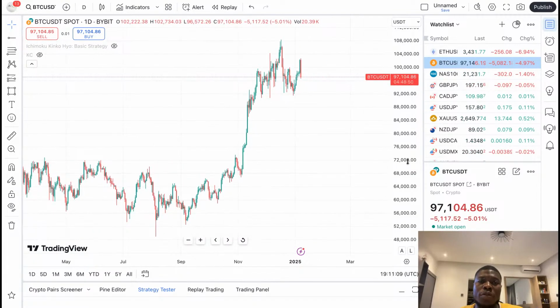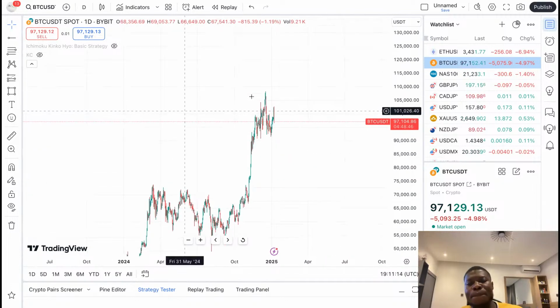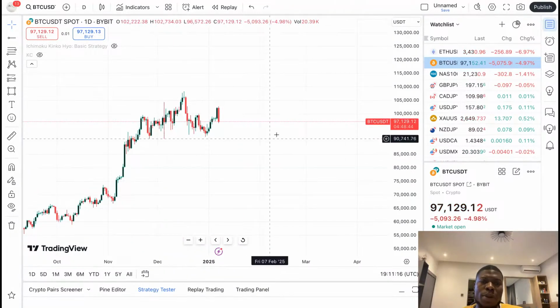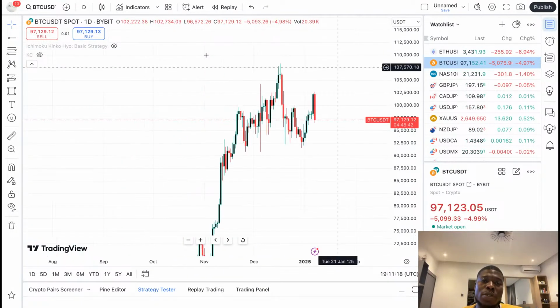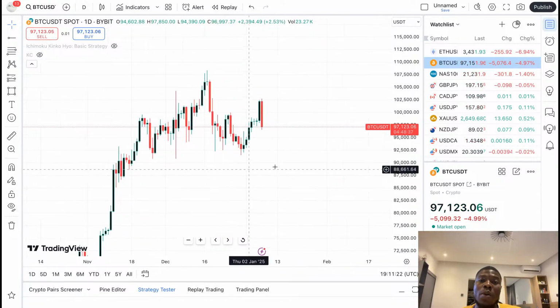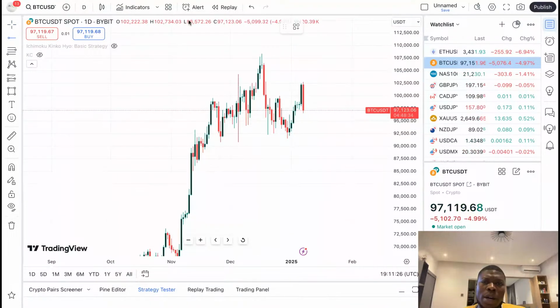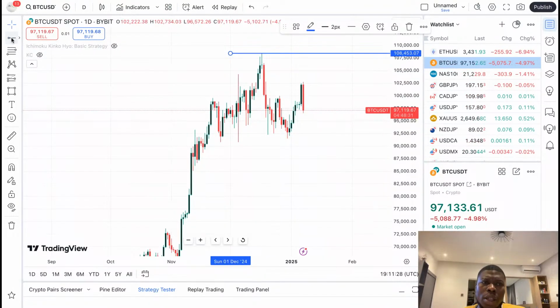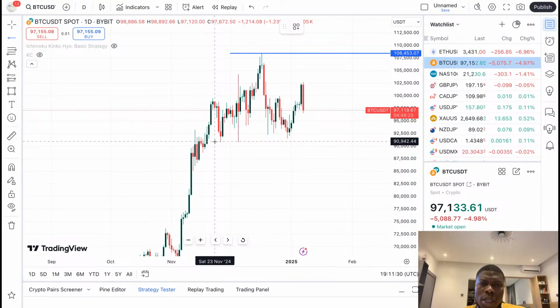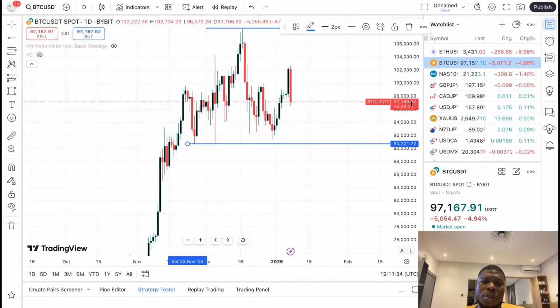This is the trend of Bitcoin for 1 day. Right now, we're going to expand to the recent price of our market on our 1 day. This is our high on the 1 day. This is our low on this 1 day of Bitcoin.